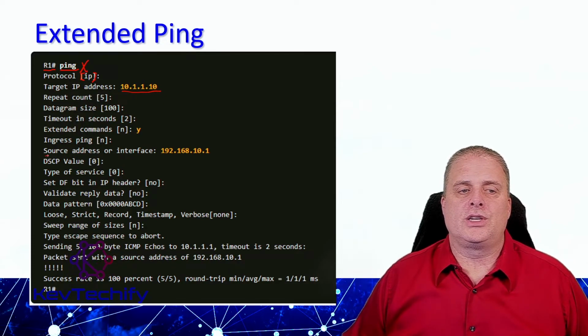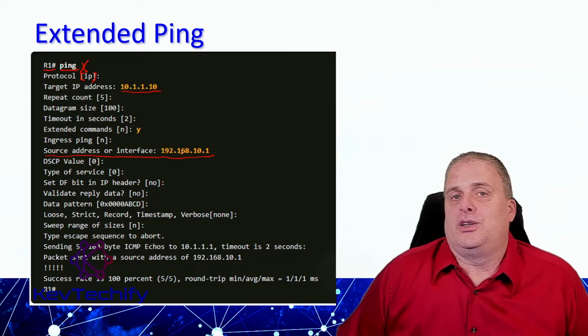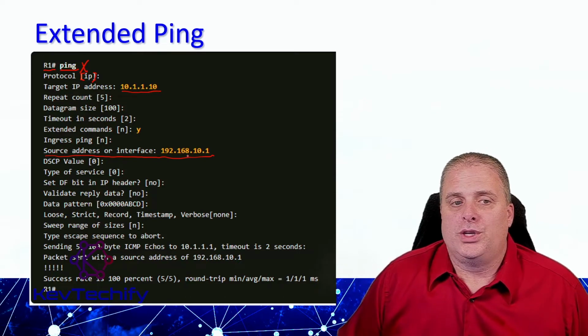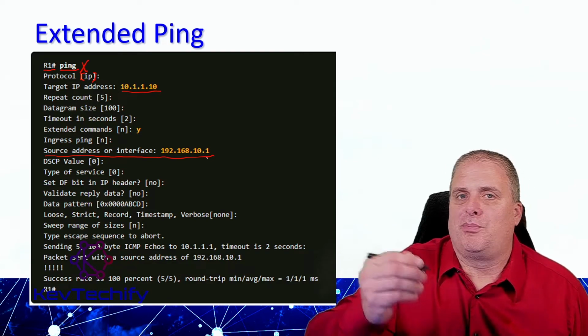What is the source address or interface? Now, in this example, this is the device we're actually pinging from. What you can do is put in a different computer or a different device's IP address in here. This is oftentimes referred to as the ping of death.